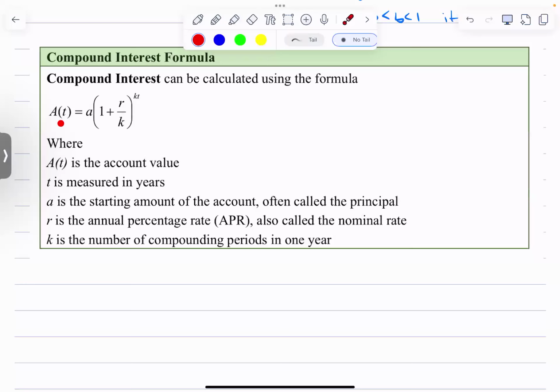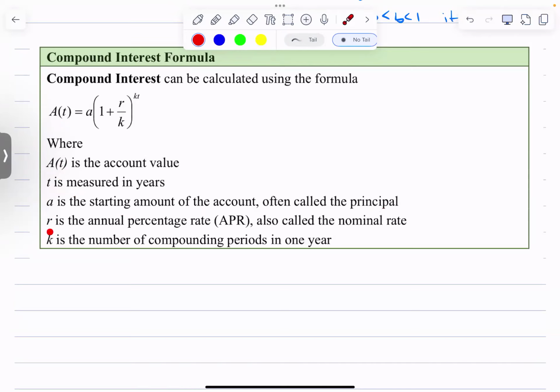we're going to use the notation A of t. A of t is going to be the account value. And so at some time point t, we can calculate the account value. T has to be measured in years. A is the starting amount of the account, which we often call the principal amount.